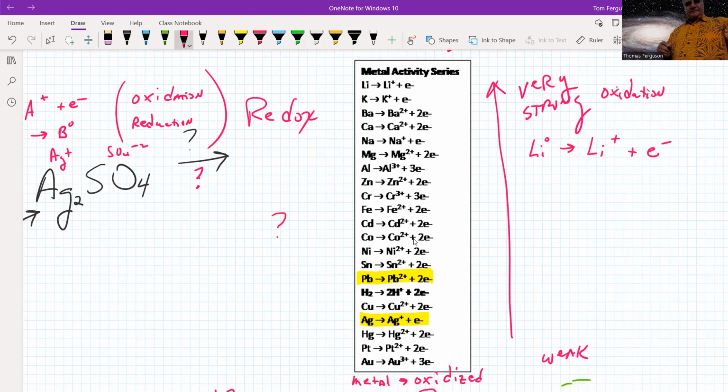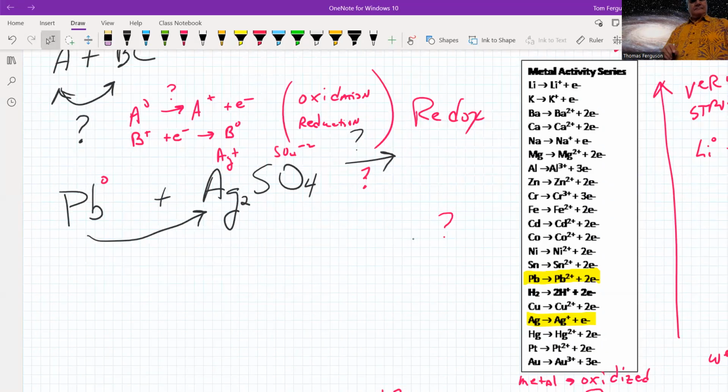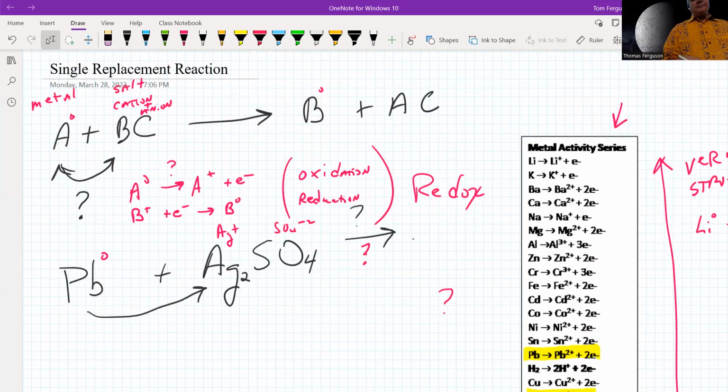So let's look at a reaction. In general, a single replacement reaction has a metal to start with, and then an ionic solution. It's got a cation and an anion. Usually the anion, the negative part, is not involved in the reaction. Usually it's the cation, an oxidized metal.